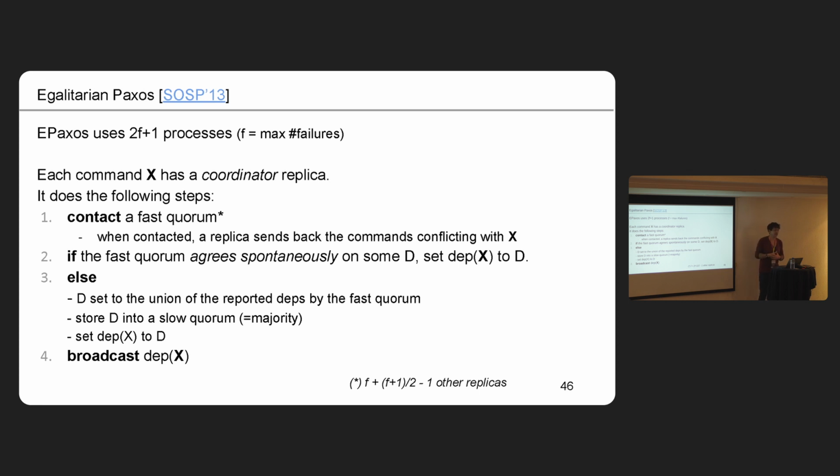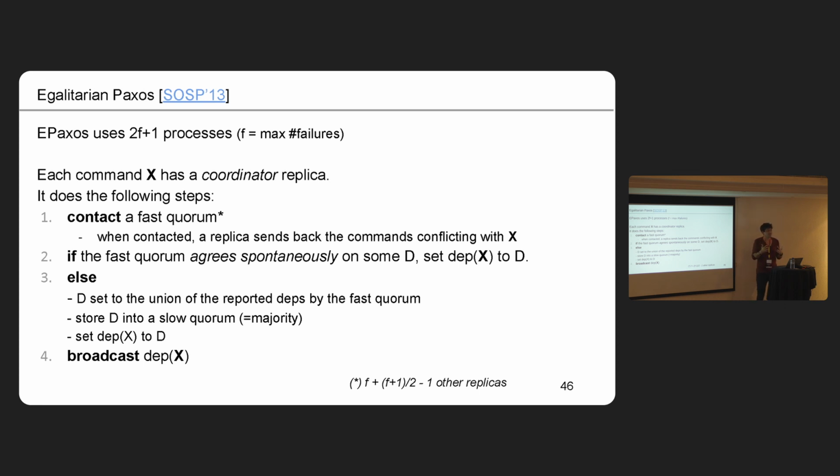First, it contacts a fast quorum and asks, can you give me what you believe to be the dependencies of the command? And the replica returns all of the commands it has seen so far that are conflicting with the command. So it returns this to the coordinator.